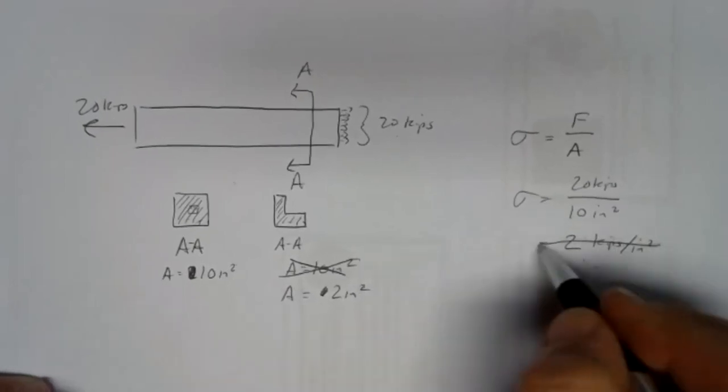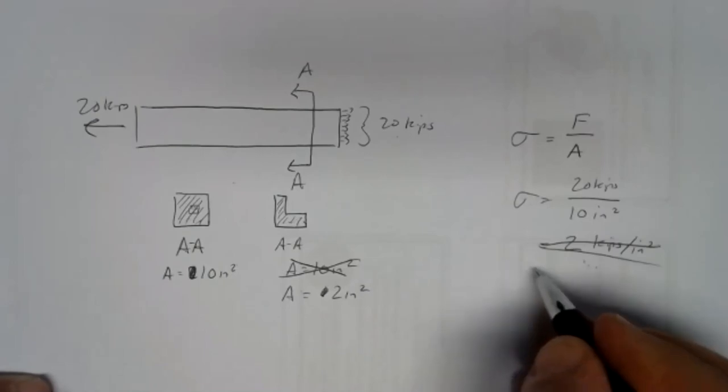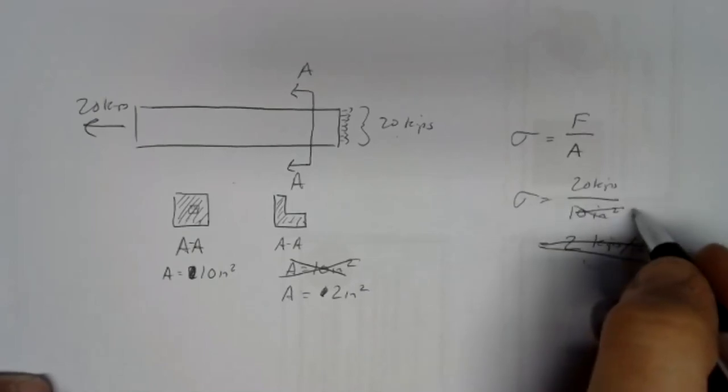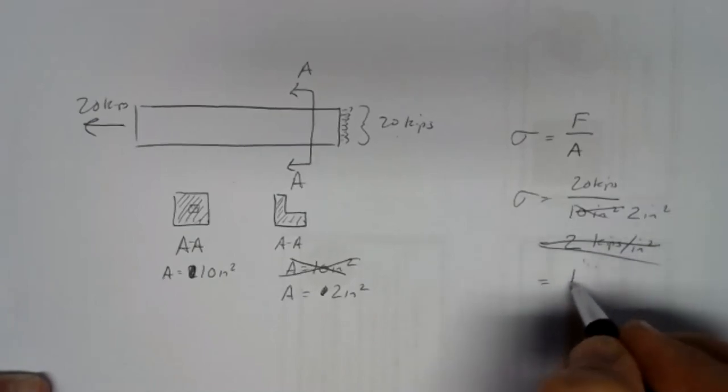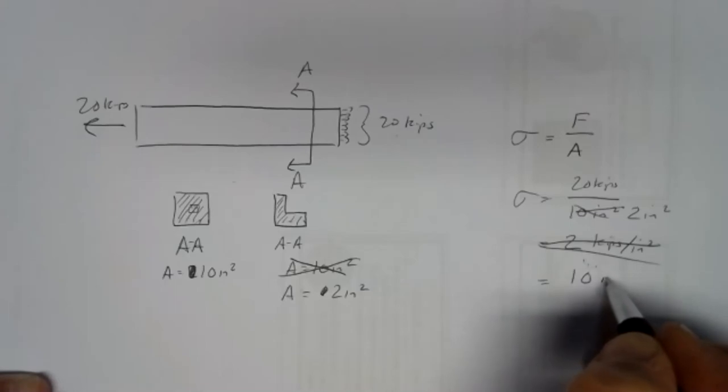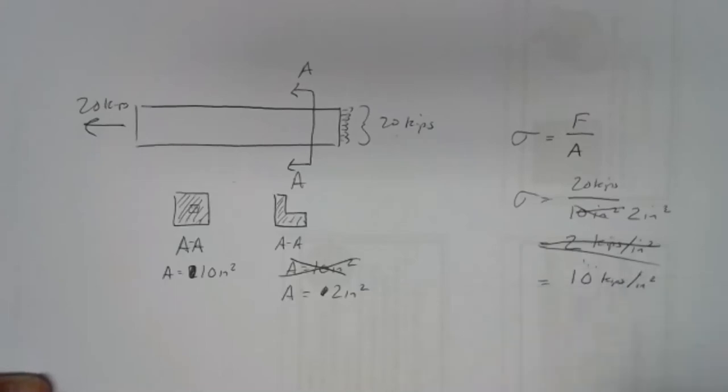Well, that'll mean our stress will no longer be what it was at 10 square inches. Now we're taking that 20 kips and spreading it over 2 square inches. That's going to give us a bigger stress, 10 kips per square inch. The smaller the area, the bigger the stress.